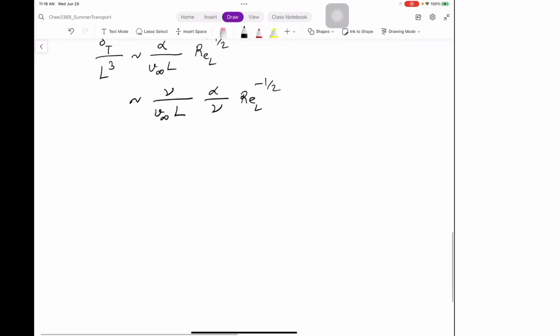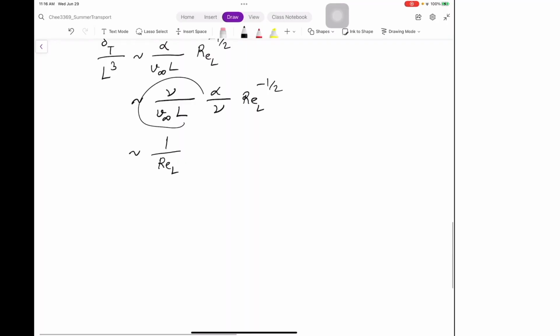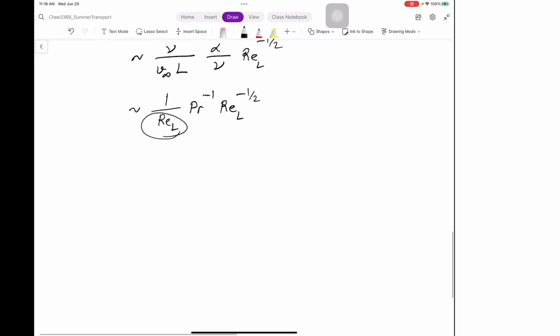Now it starts to look like something, right? This is 1 over Reynolds number L. And this one is Prandtl number. It's basically Prandtl number to the power -1, right? Because it's nu over alpha, which is Prandtl number. And then you have Reynolds number L, -1/2. Now we can simplify this and this.